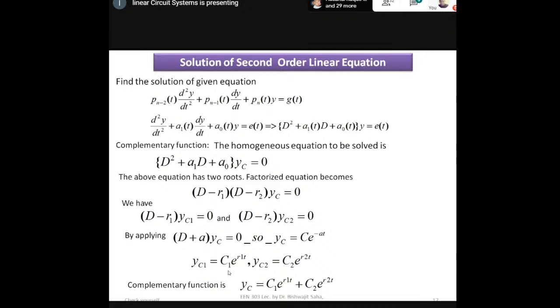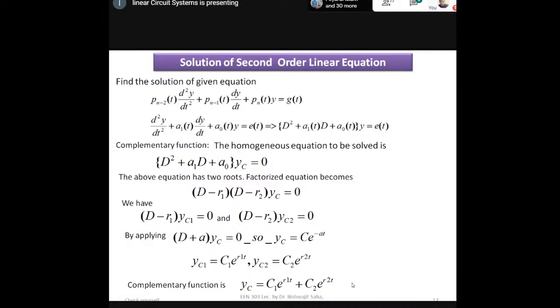Since we have two roots, we can give two names: one is C1 R1, another is C2 R2. So YC1 equals C1 e to the power R1t is one complementary function, and YC2 equals C2 e to the power R2t is another complementary function. So the total complementary function becomes C1 e to the power R1t plus C2 e to the power R2t. Up to now, everybody clear?